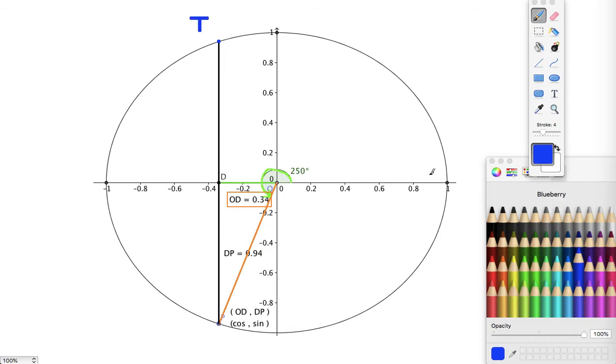I'll call that T. Now let's draw a line from point T to my origin. And the angle for point T will be from here to there.